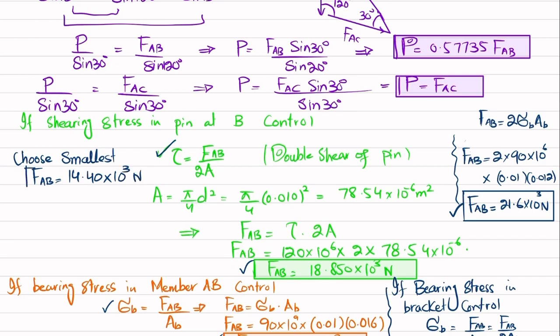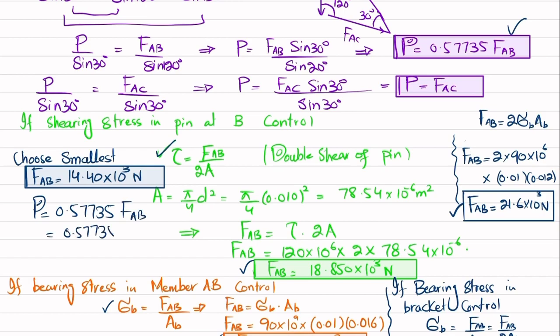Now this is the force we have selected, and we know from this equation that P is equal to 0.57735 times FAB. So you can just multiply 0.57735 by 14.40 into 10 raised to power 3.